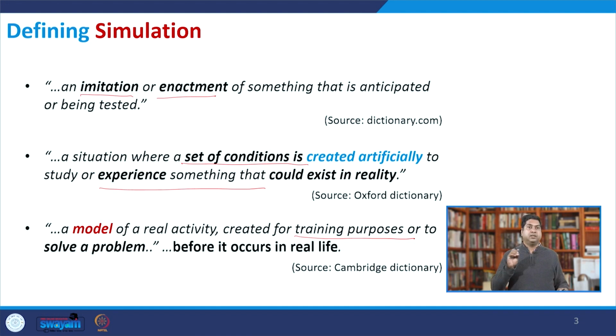That is why it is very important for the researcher to select a proper simulation tool and to use it effectively, because unintentional or wrong use of a simulation can lead to wrong decision making. So we have to be careful.